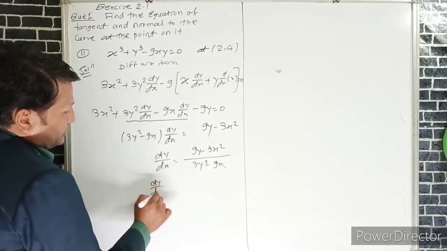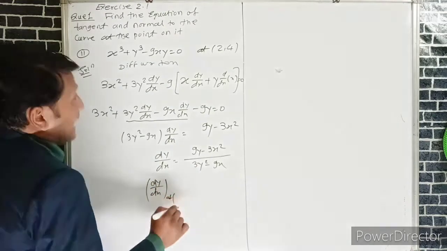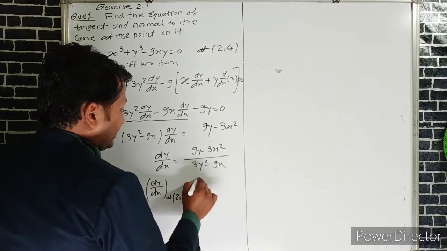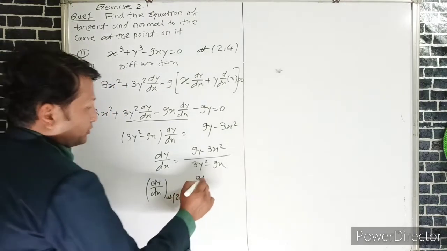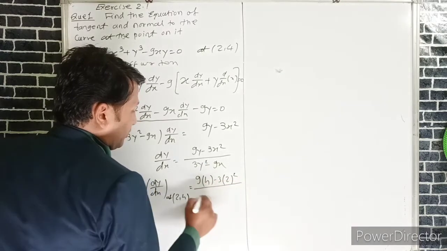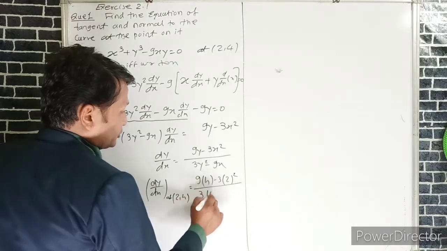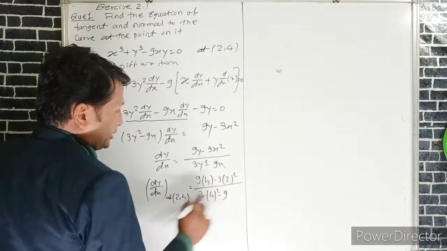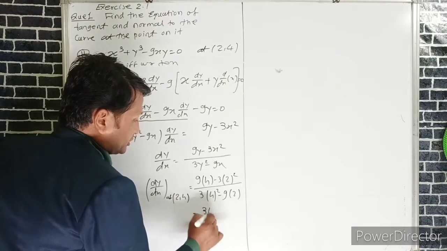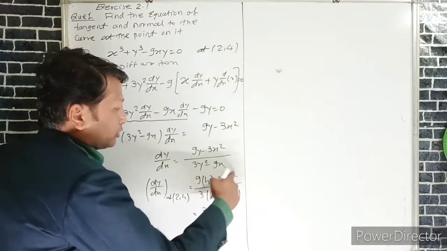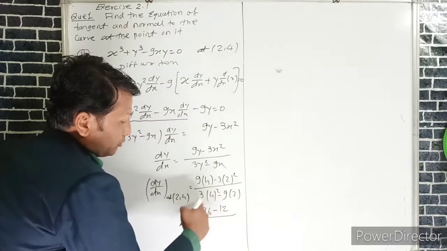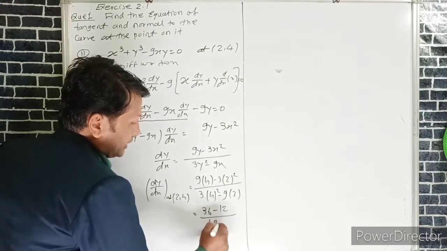So dy upon dx at given point (2, 4) is equals to 9 into value of y, which is 4, minus 3 into value of x, which is 2 square, upon 3 into value of y, which is 4 square, minus 9 into x is 2. 9 into 4, 36, minus 3 into 2 square 4, 12, upon 3 into 4 square 16, 48, minus 18.